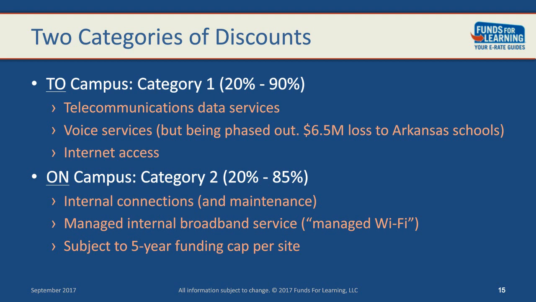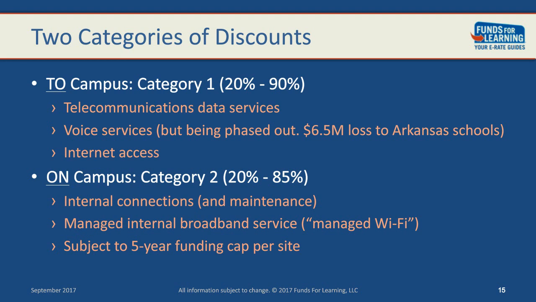Now, E-rate discounts can be applied towards any number of goods and services. They fall into 2 general categories. Category 1 are services that bring information to a campus. These are telecommunication data services, leased data lines, internet access, as well as voice telephone service.